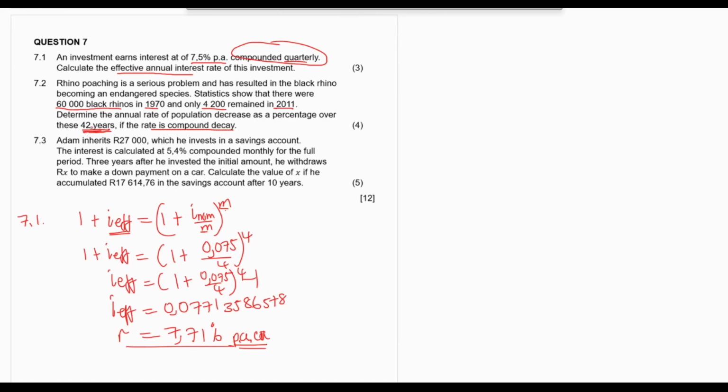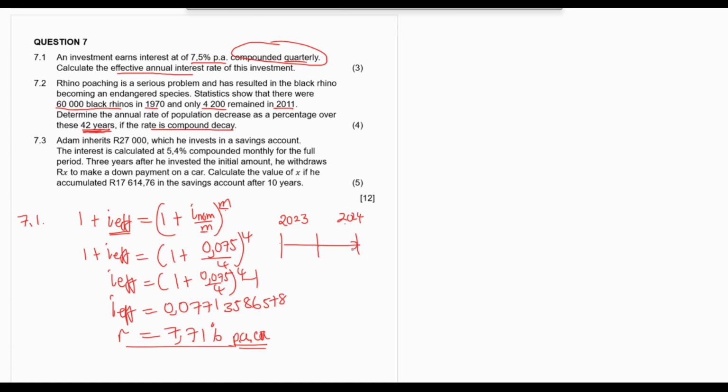Someone may be wondering why 42. Right, let me just give you a simple example. Let's say we have, it can be beginning of 2023 to the end of 2024. How many years is this? This is beginning of 2023, then end of 2023, beginning of 2024, then end of 2024.